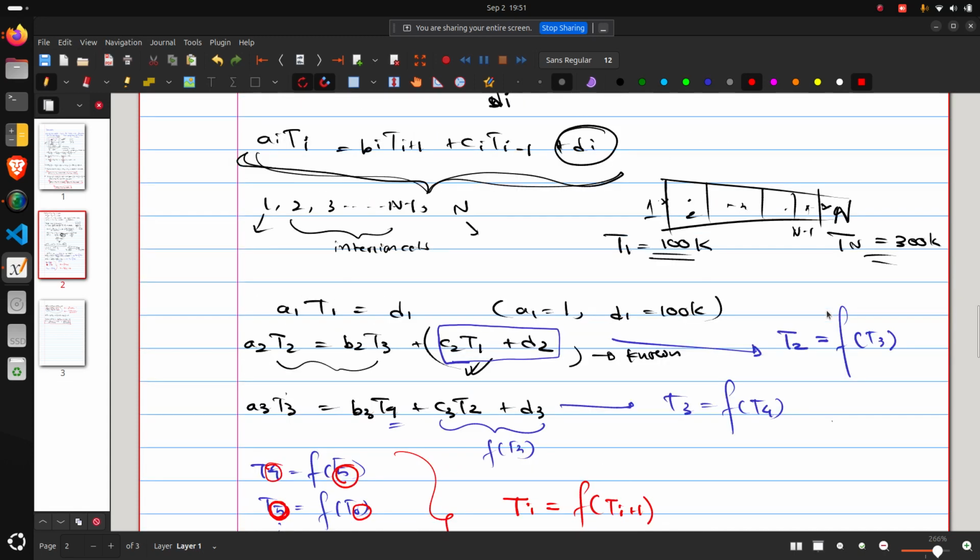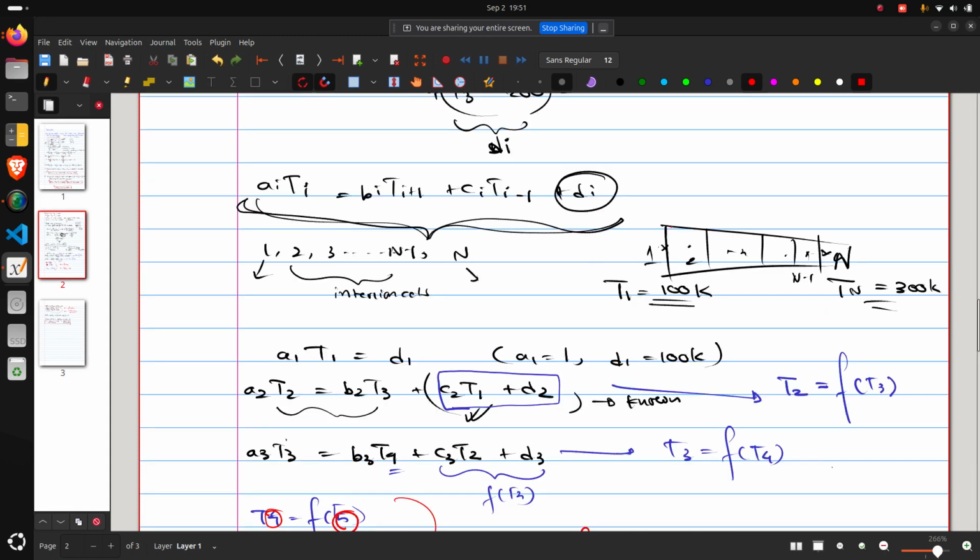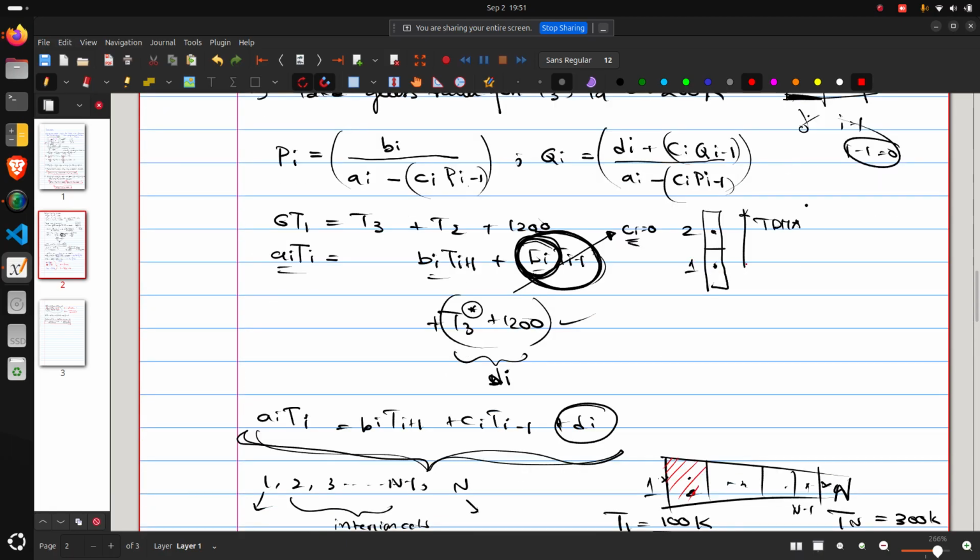So at the first cell, for example in this cell, we don't have any i-1. If this is i, this will be i-1, this will be i+1, but we don't have this, right? So this is replaced by a boundary value, T boundary.